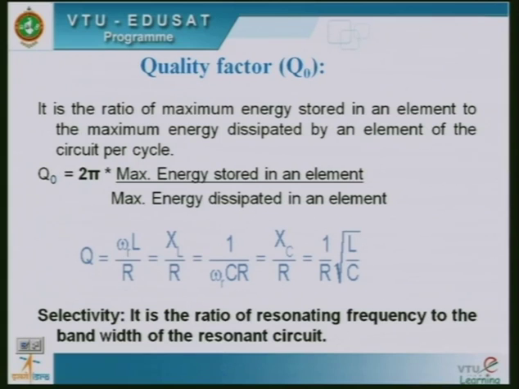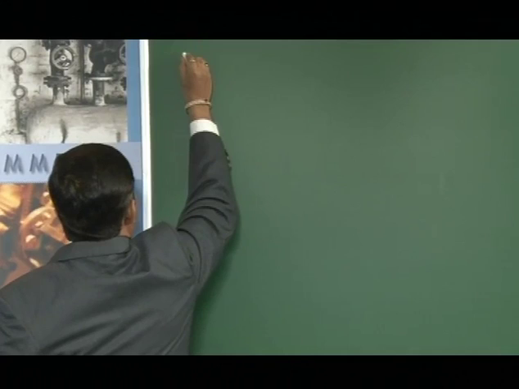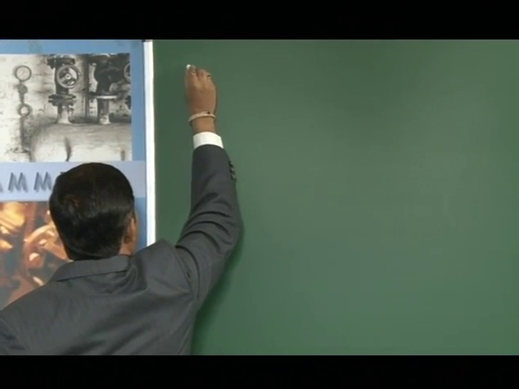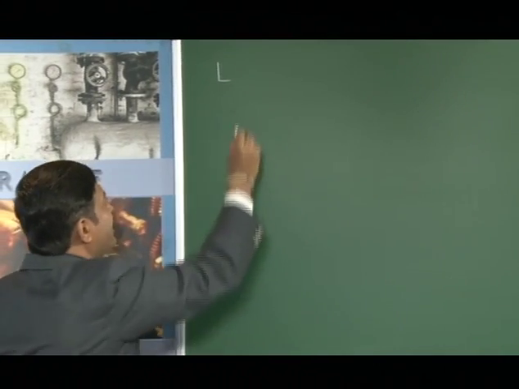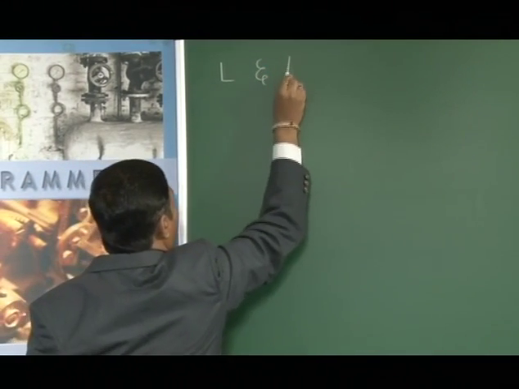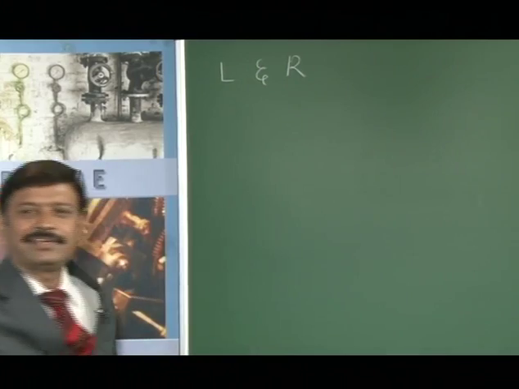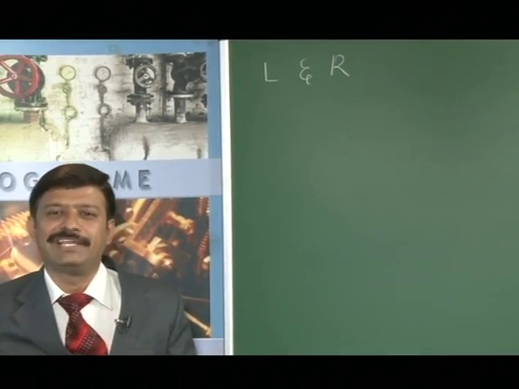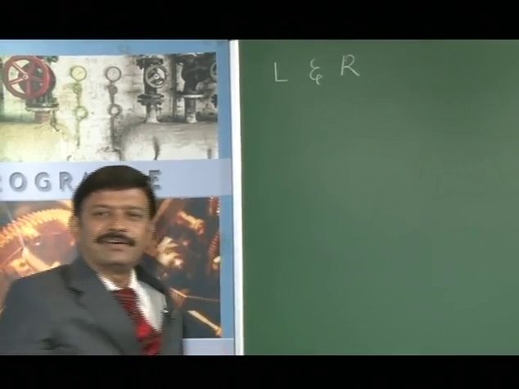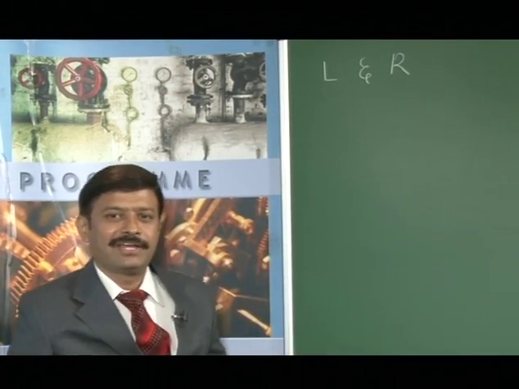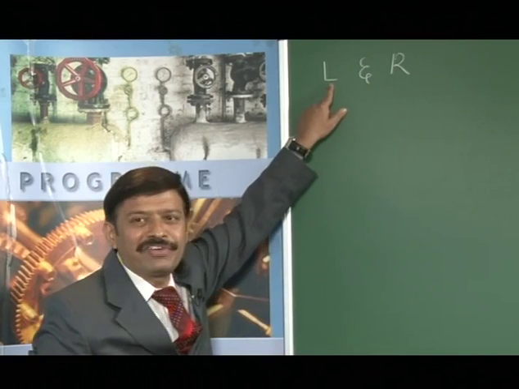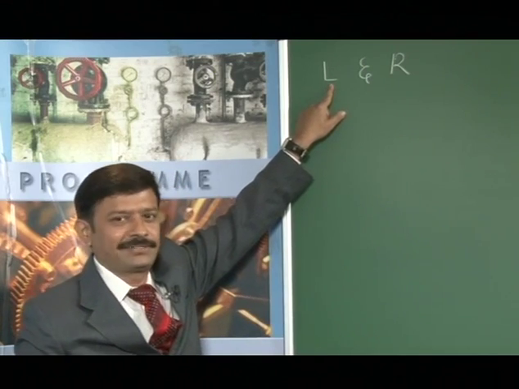So, we know that the energy stored, we are considering L as the energy storing element and R is the energy dissipating element, because always power is consumed in the resistor and energy is stored in the inductor.